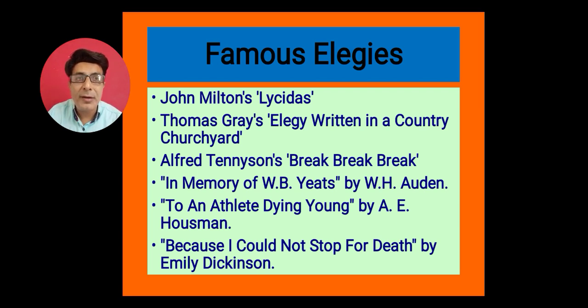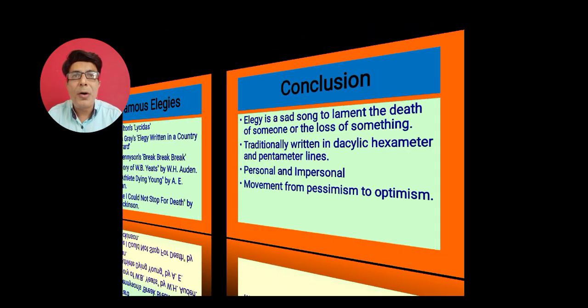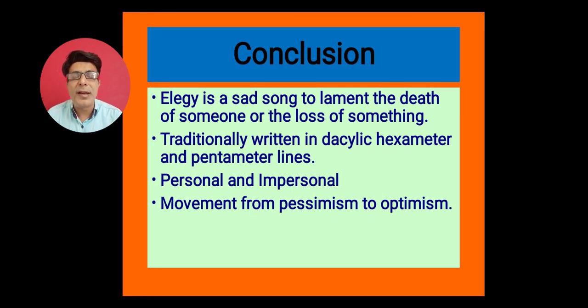In the same manner, A.E. Housman wrote To an Athlete Dying Young. And Emily Dickinson also wrote another very popular elegy, Because I Could Not Stop for Death. So these are the important, very popular elegies of English literature.